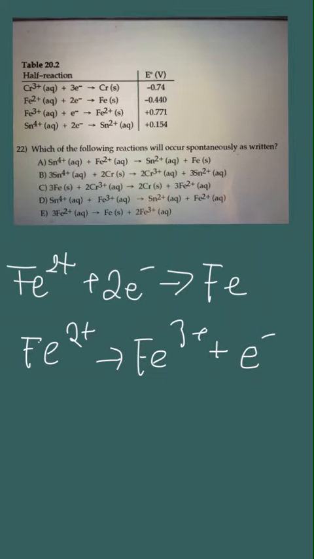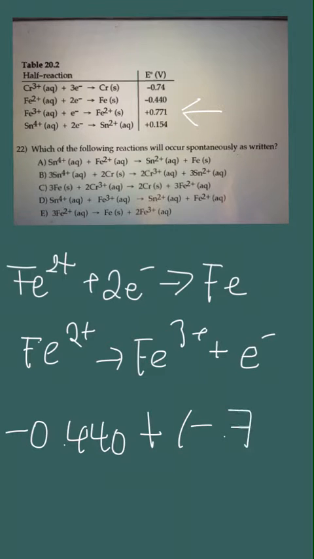So, based on the E reduction and using the equation we introduced previously, we get that the E standard cell is equal to negative 0.440, and we see this reaction being used right here, but it's actually the reverse reaction, so we negate the value and get negative 0.771.